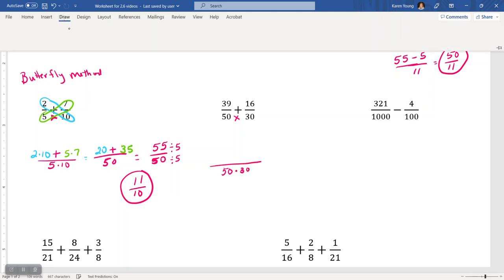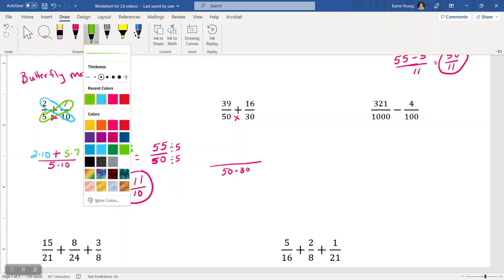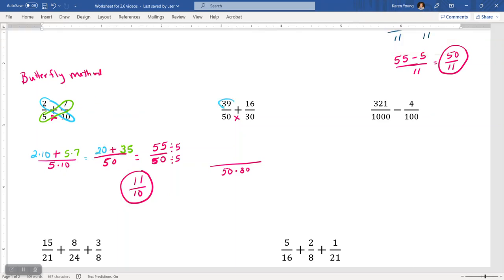And then I'm going to cross. I'm doing the top right times the bottom left. So I have 39 times 30, and I get 1170.